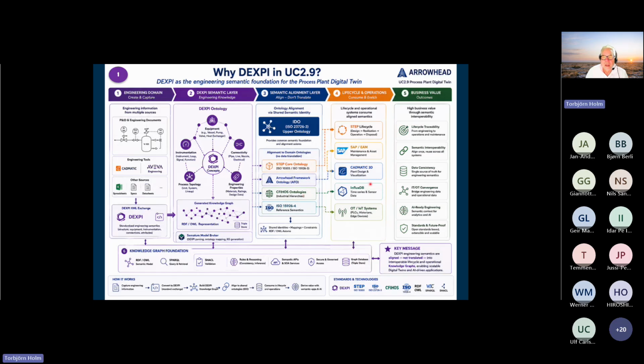We also use things like Cadmatic, which is a system for 3D visualization for sensor data. You don't like to have all sensor data in the ontology, so we store them in a time series database. InfluxDB we use, it's an open source database, and we use this ontology to do IT and OT harmonization.